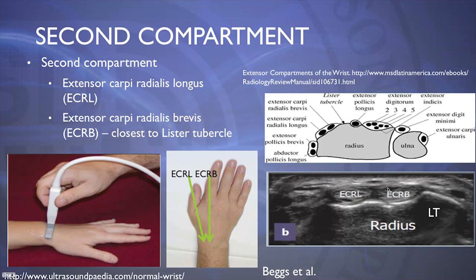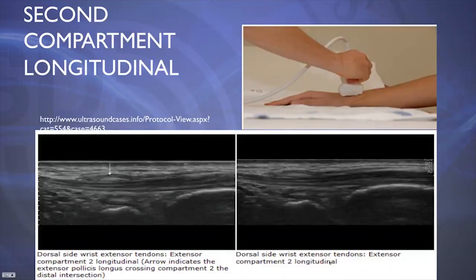And again, looking at these tendons in longitudinal, from proximal to distal, or as far distal as we can see it. The extensor carpi radialis longus is going to insert on the base of the second metacarpal bone, whereas the extensor carpi radialis brevis is going to insert on the base of the third metacarpal.